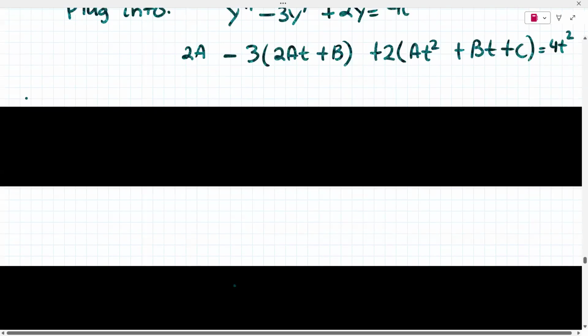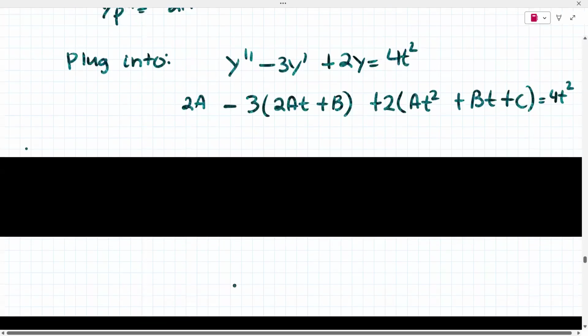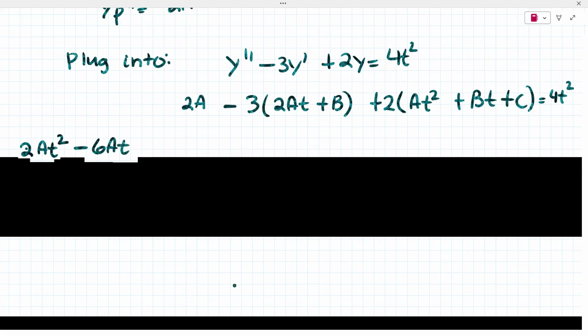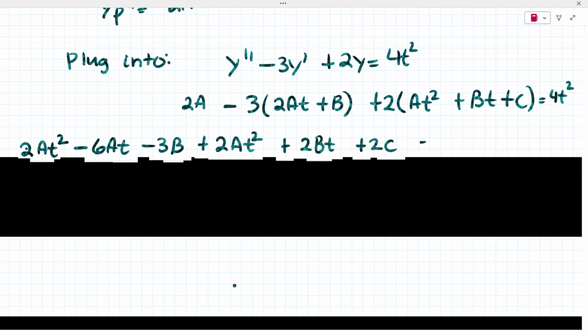When you FOIL this out, you're going to get 2at squared minus 6at minus 3b plus 2at squared plus 2bt plus 2c equals 4t squared.